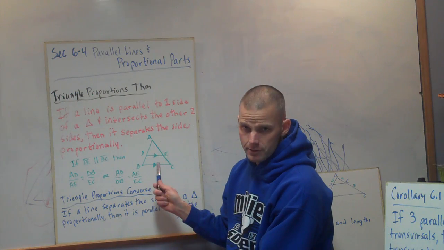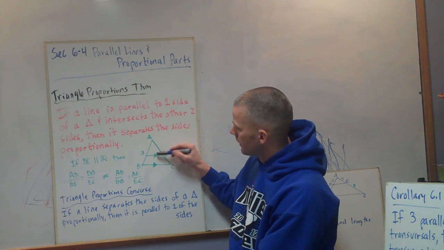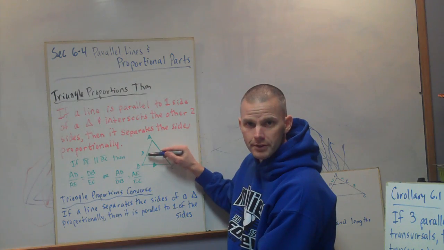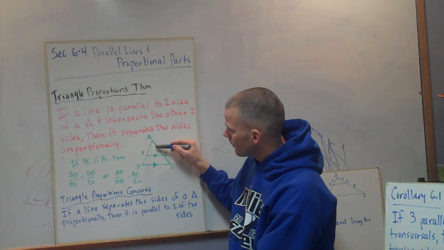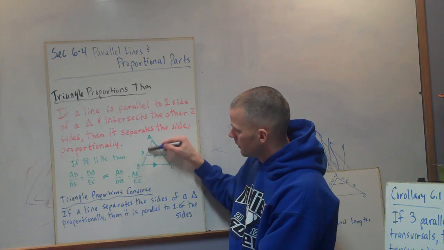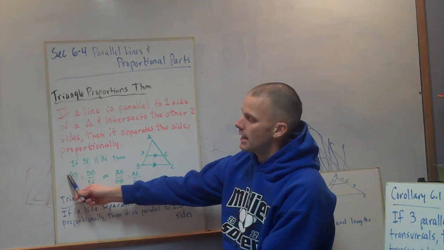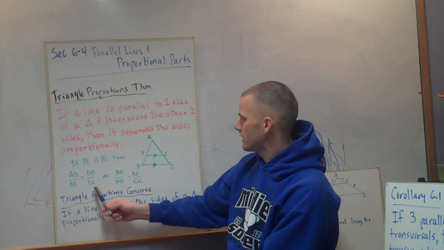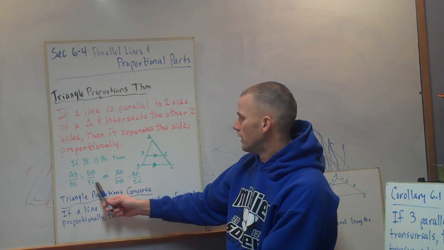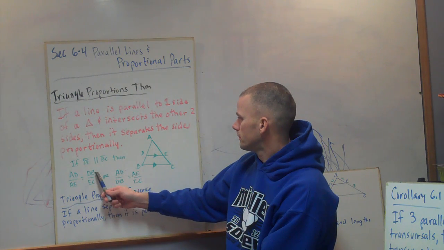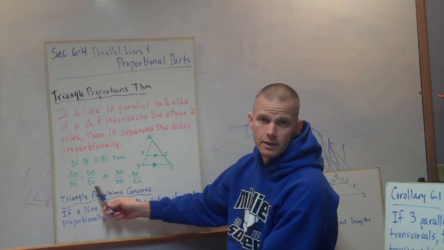If that's the case, then this new segment or new line is dividing the other two sides proportionally, meaning if I compare segment AD to AE, that should be the same as comparing segment DB to EC.